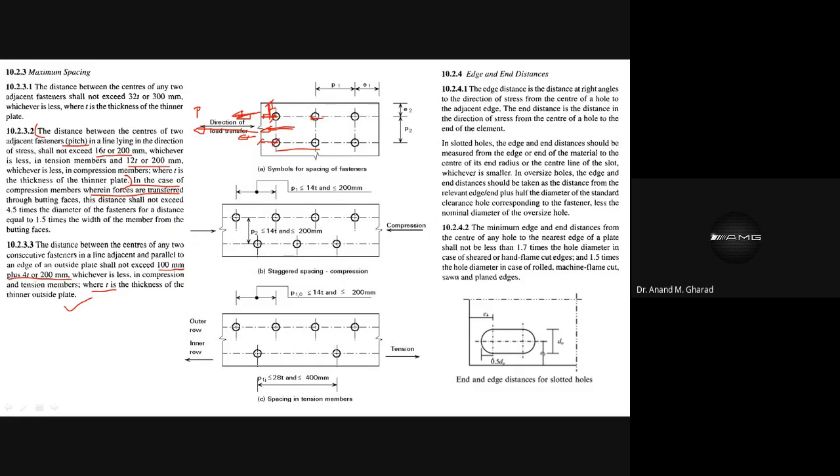So from the center of this hole to the edge, which is perpendicular to the direction of the stress, that will be your edge distance. And the end distance will be this, from the center of the bolt hole to the adjacent end, which is in the direction of the stress. So these are the definitions of edge and end distances.